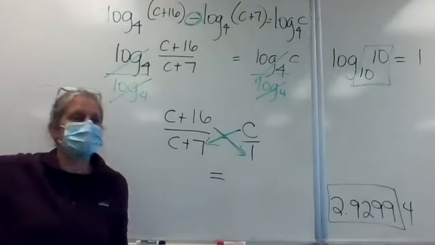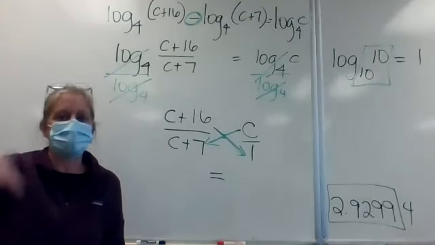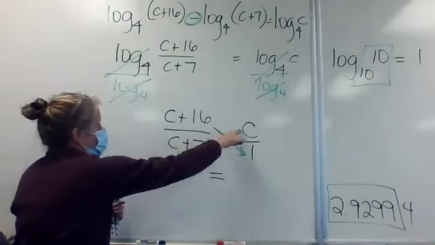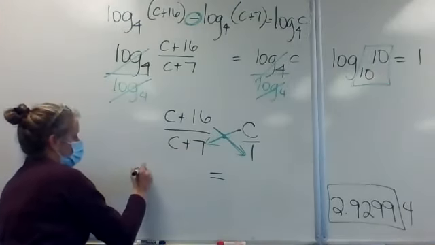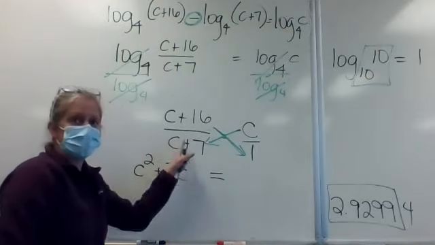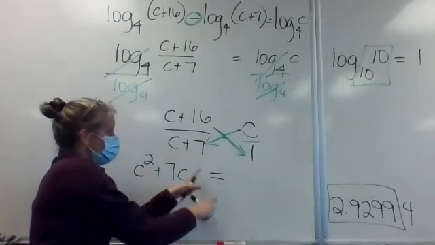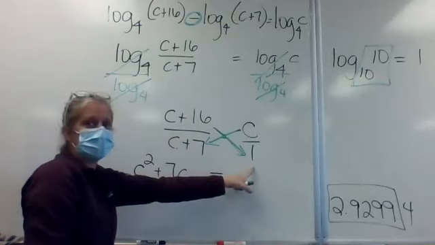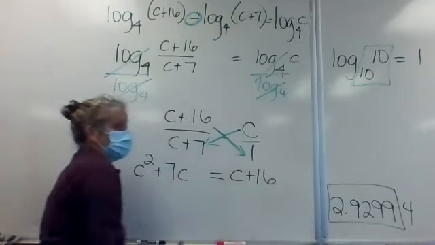What that does is put all the c's on the same level. There are not going to be fractions with c's in denominators. So let's see if I go this way. C times c plus 7 gives me c squared plus 7c. Right? Do it times both of them. Equals. The other diagonal is c plus 16 times 1, which is just c plus 16.